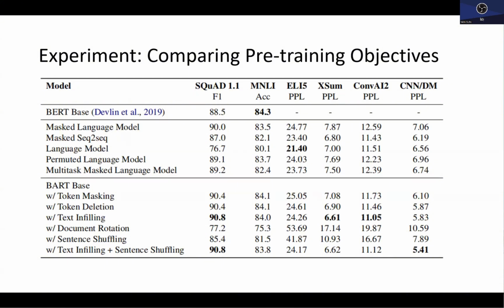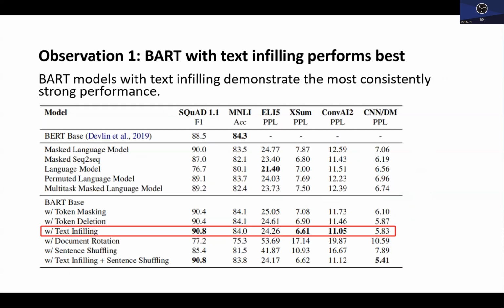The experiment results are as follows. We'll explain it in detail. From the experiment, we have 3 observations. The first one is BART with text infilling performs the best. The row when we test BART with text infilling is marked as red. We can see that it performs the best for 3 tasks, which are SQuAD, ELI5, and ConvAI2.